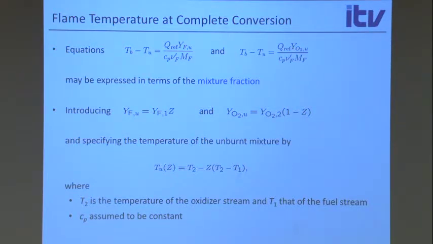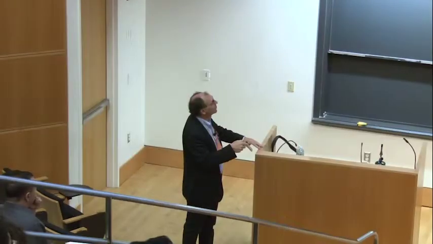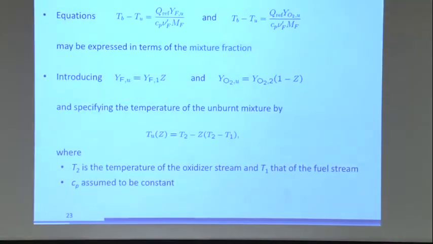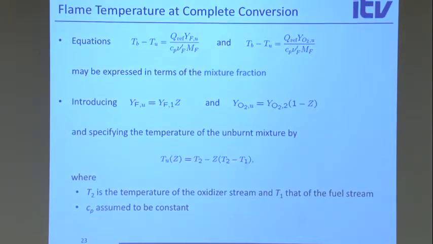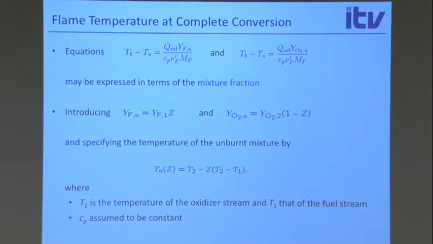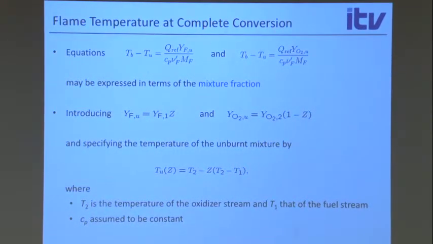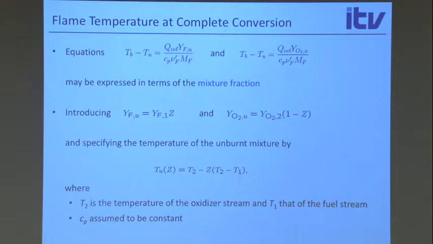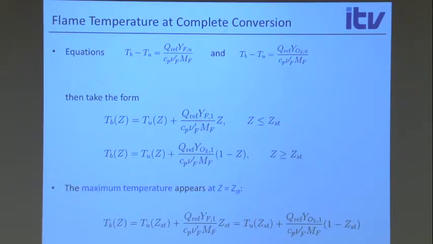Okay? So if I don't assume fuel and oxidizer at the same temperature, one could be hot, the other one could be cold, then there's a linear relationship. The temperature has a linear relationship between the oxidizer and the fuel temperatures.